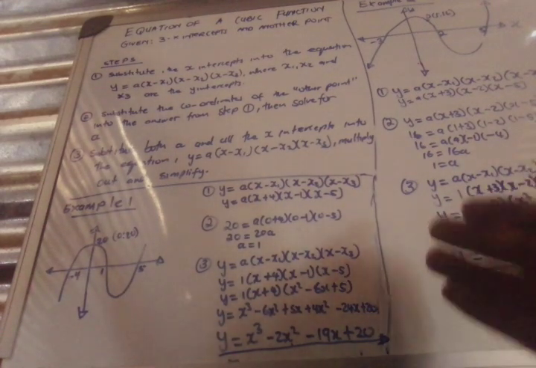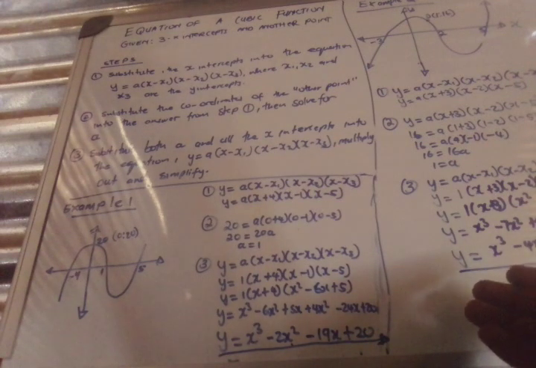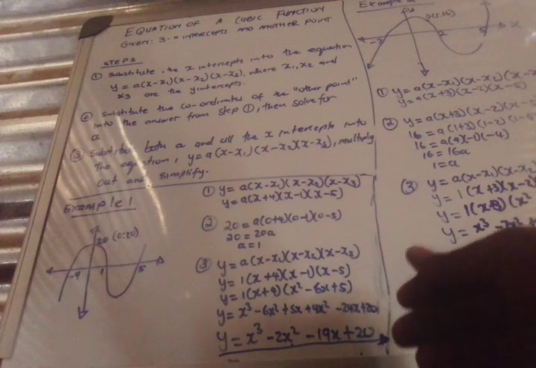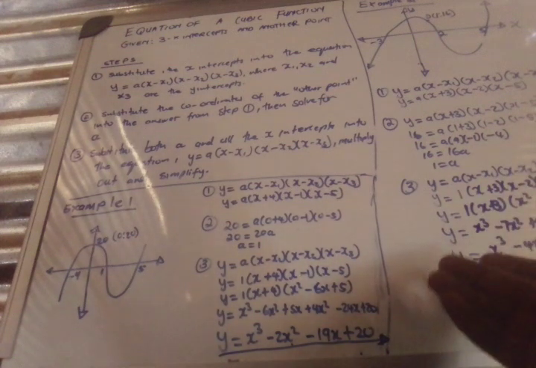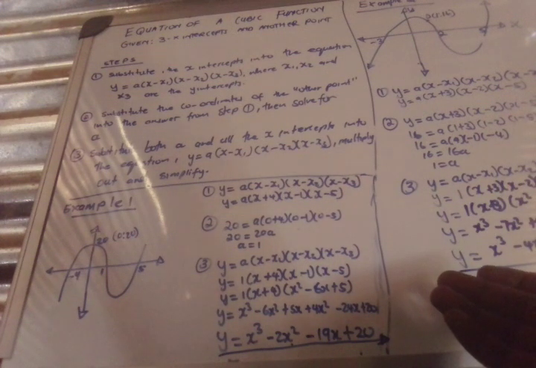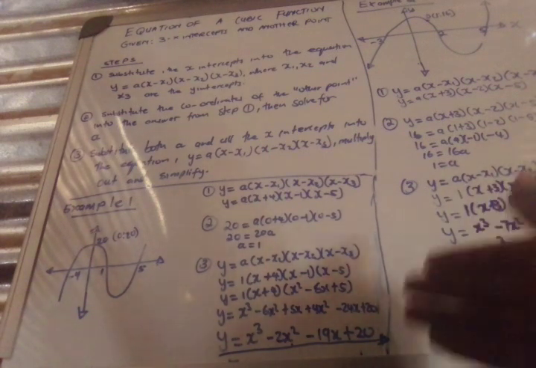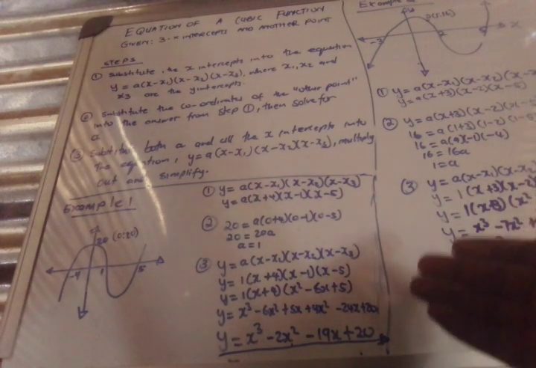We are given a y-intercept at the point 20. If it's a y-intercept, the coordinates of that point would definitely be 0 and 20, because the x value at any point on the y-axis is 0.